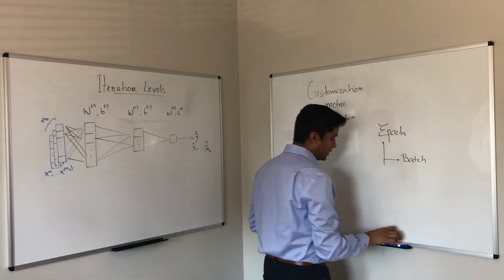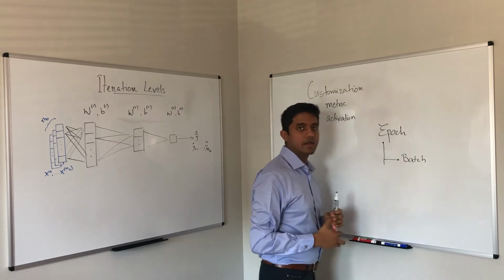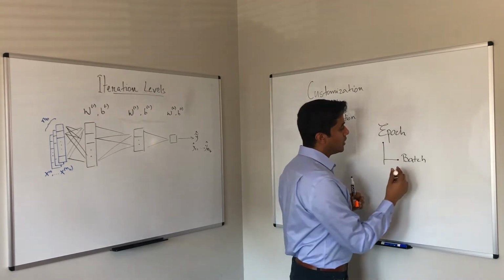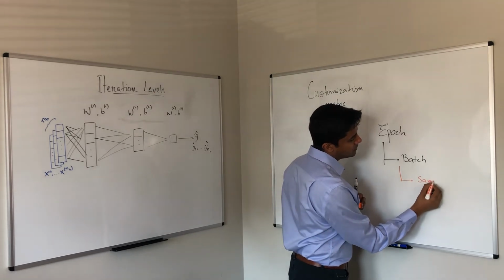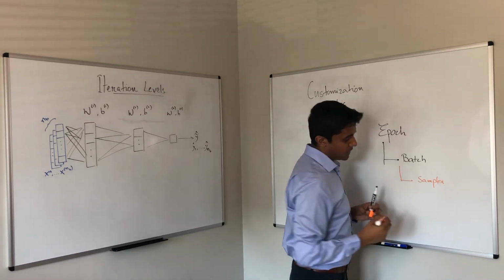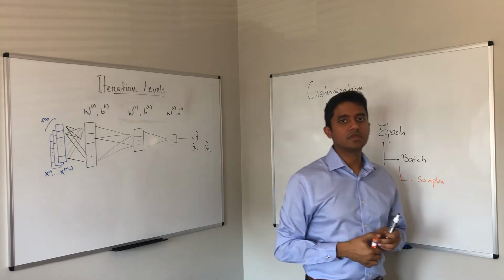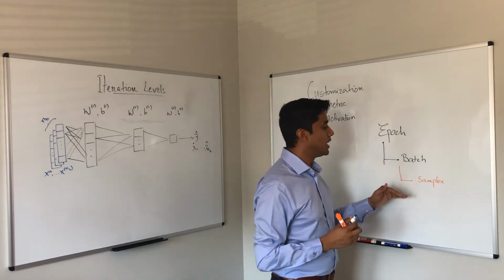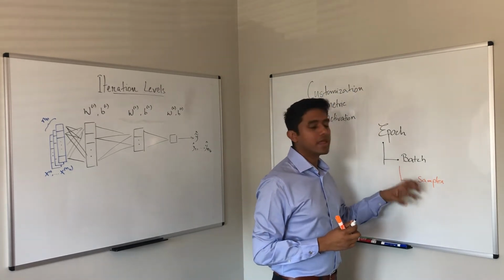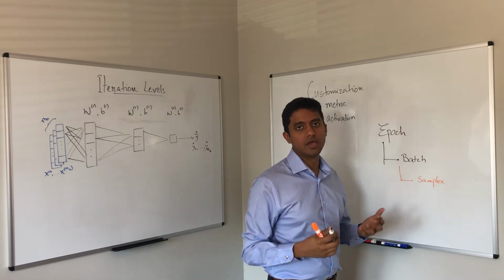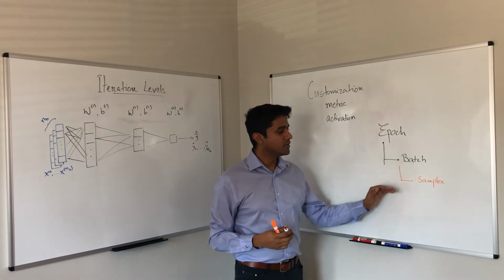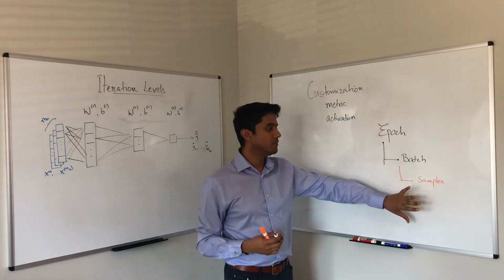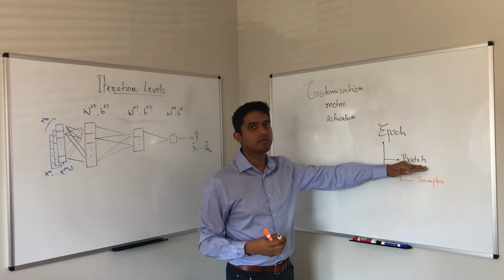In MLPs, nothing actually happens after this. A batch is comprised of samples. But in TensorFlow, the computations do not happen at the sample level. All the samples within a batch are processed together. Therefore, I'm putting samples in a different color, because this is just a logical level. In practice, everything happens at the batch level.